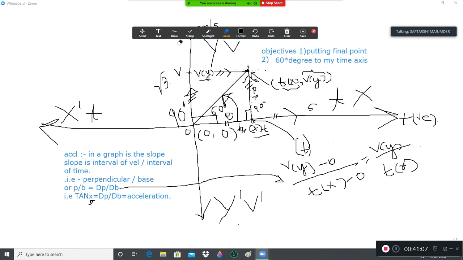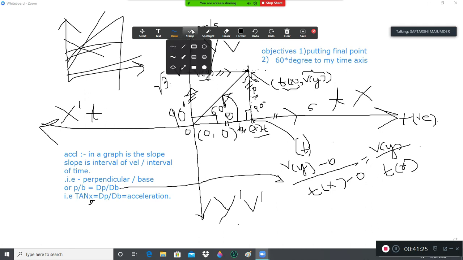So in this case, just remember, if any graph is given, like this one, or this one, or like this one, any kind of graph, just find its perpendicular by base.